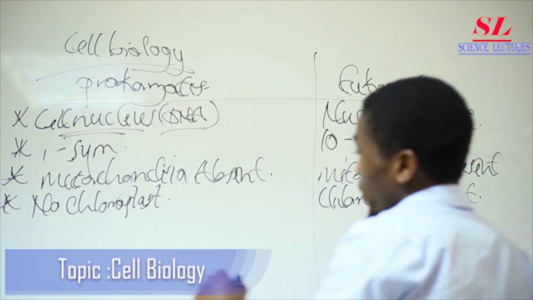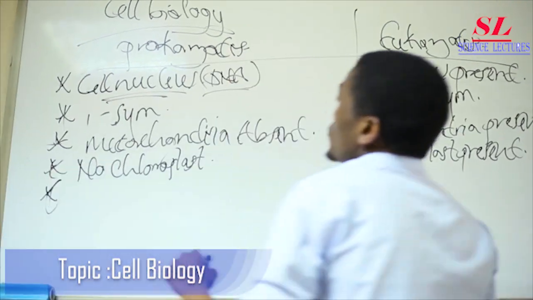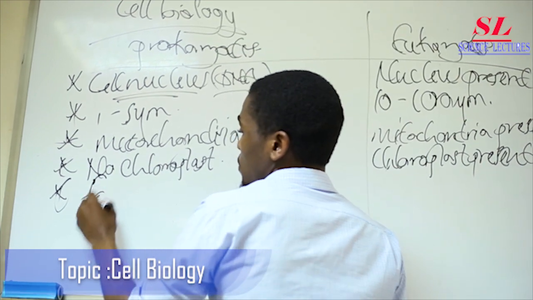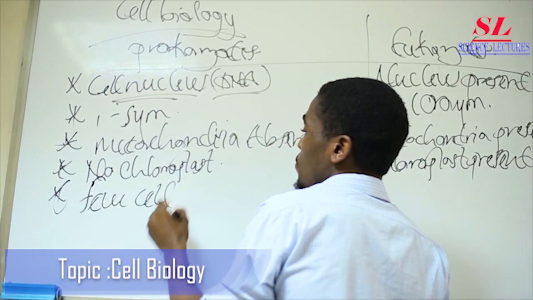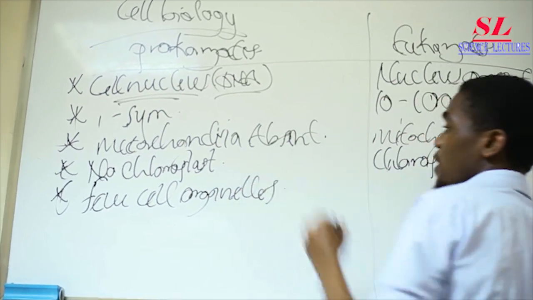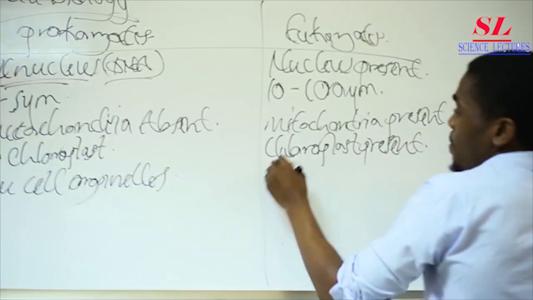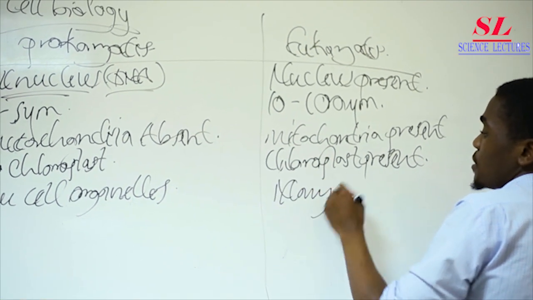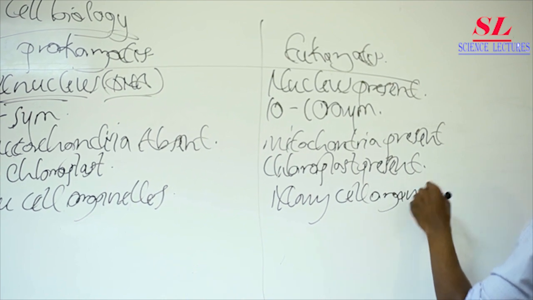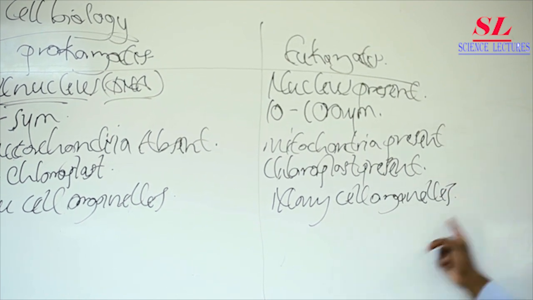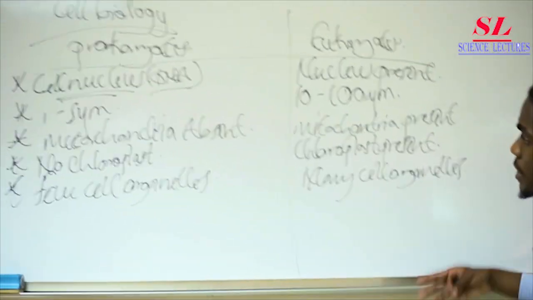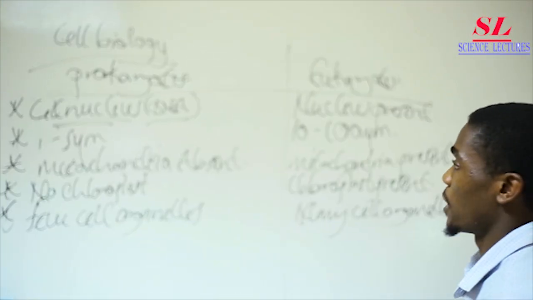Then another difference we can give is that if you look closely at a prokaryote, it will have few cell organelles in its cytoplasm. Then the eukaryote will have many cell organelles as compared to the prokaryotes. This one will have a variety of cell organelles within the cytoplasm.